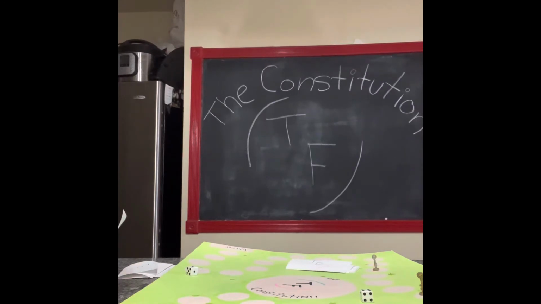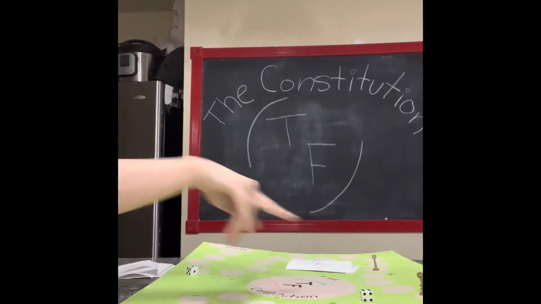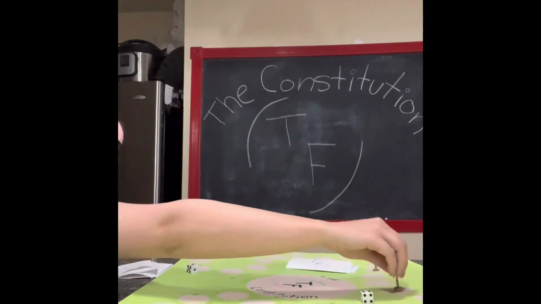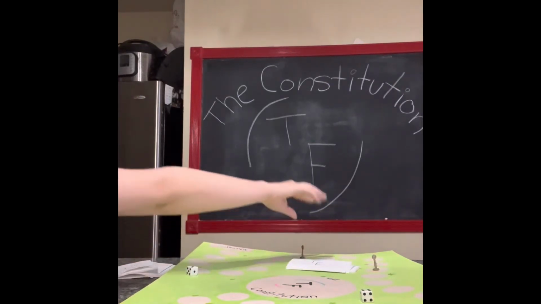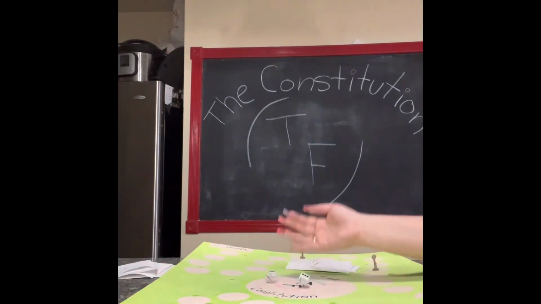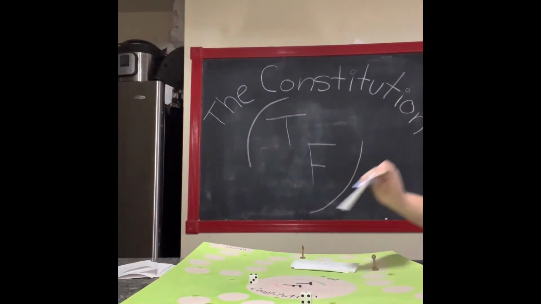The Fourth Amendment protects people against unreasonable searches and seizures. That's true. That one's me? Okay, we the people of the United States, in order to form a more perfect union, is the last words of the Constitution.